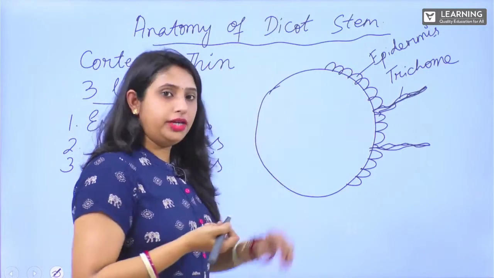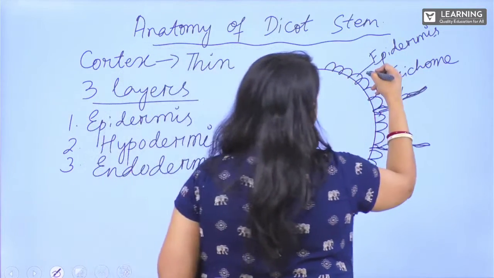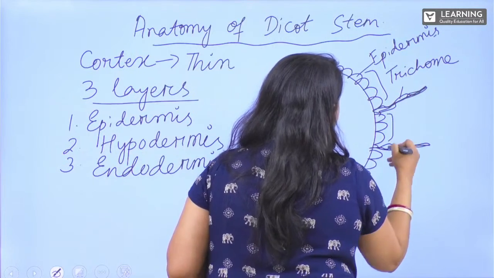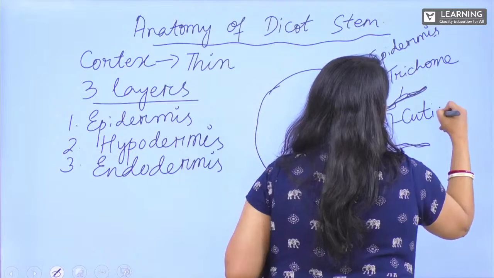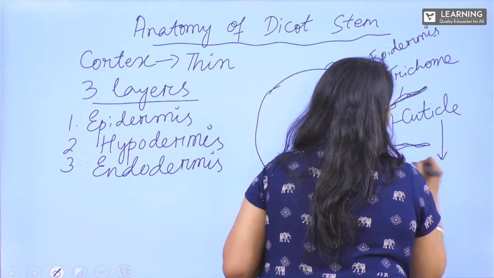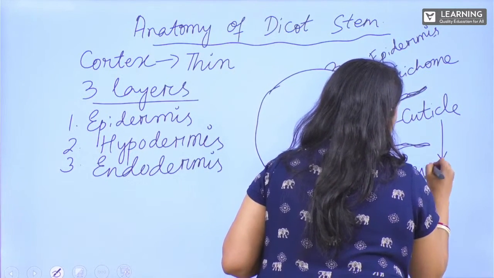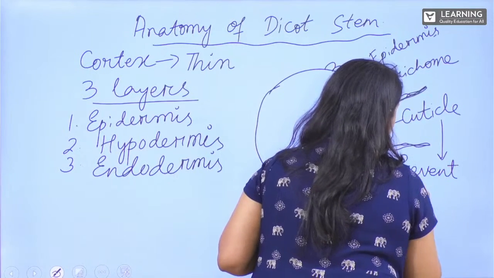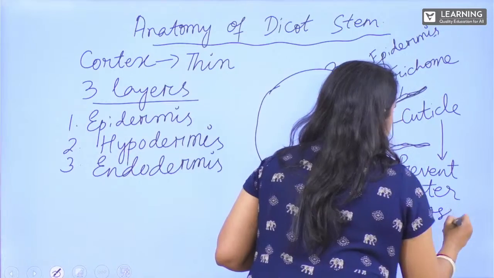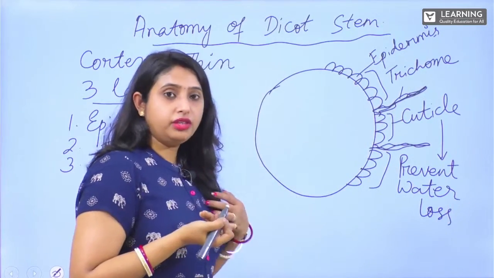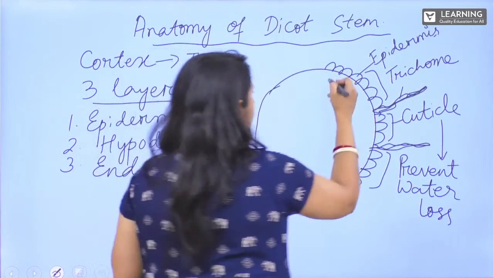So after the epidermis, what is present? Here they have a layer known as cuticle. This cuticle is responsible for preventing water loss. So inside, what is present?